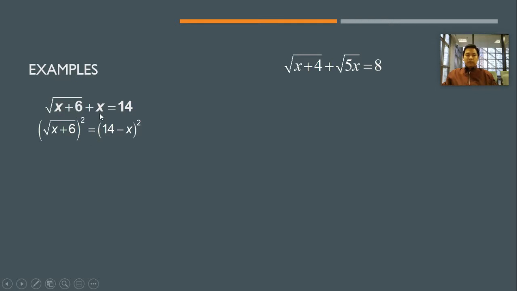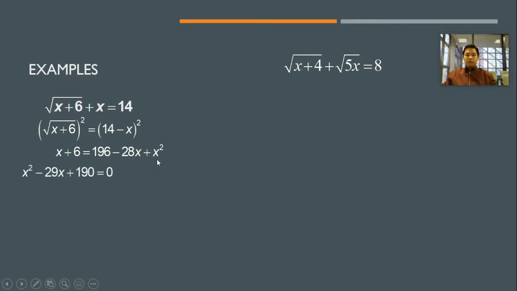So we move x to this side of the equation. And the same idea follows. We square both sides so that we get x plus 6 out of that radical. But still, since we're squaring, we have to perform the correct operations. So 14 minus x quantity squared gives us this.